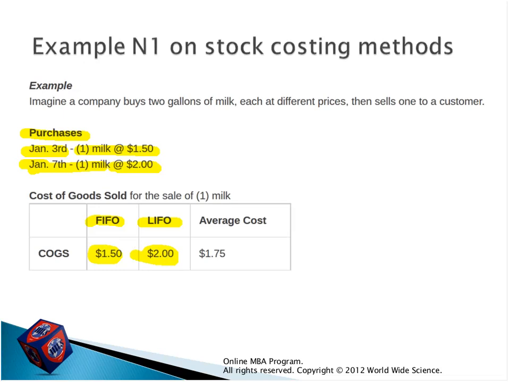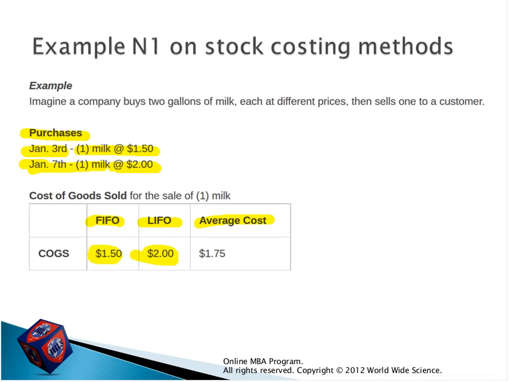Another one is the average cost method. By the average cost method, we take the average price of the 2 purchases. Here the first purchase price was $1.50. We add the price from the second purchase, which is $2, and divide by 2.